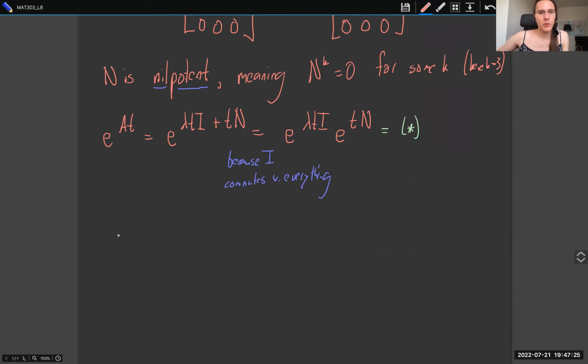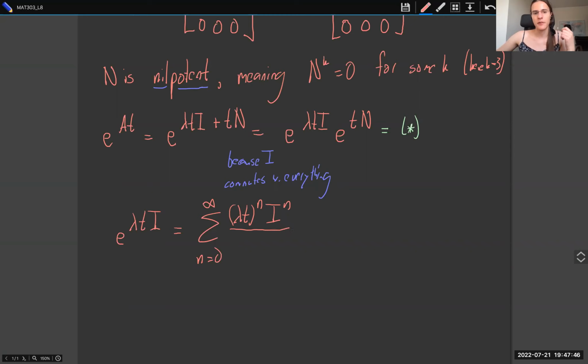Now let's think about e to the lambda t I. This is equal to the sum from n equals 0 to infinity of (lambda t) to the n, and then the identity matrix to the n. But any power of the identity matrix is just the identity matrix, including the 0th power.